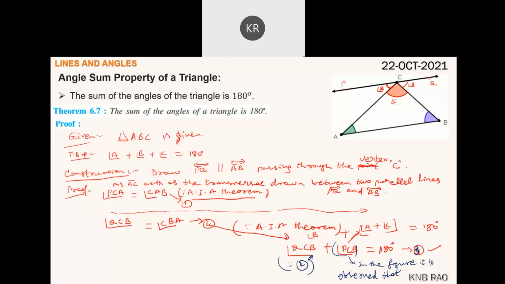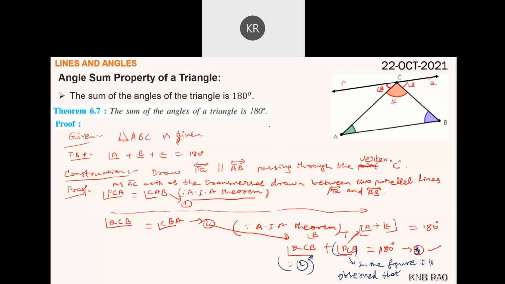Now let's go for theorem 6.8, which is the converse of theorem 6.7. Can you tell me what the converse statement would be? If the sum of angles is 180 degrees, then it is a triangle.